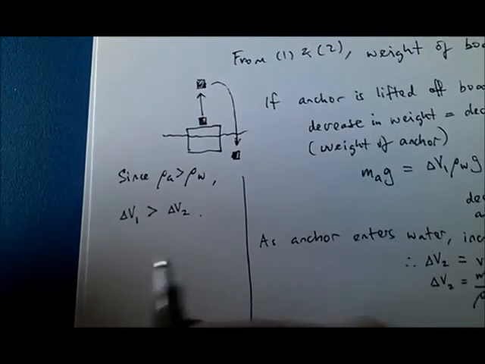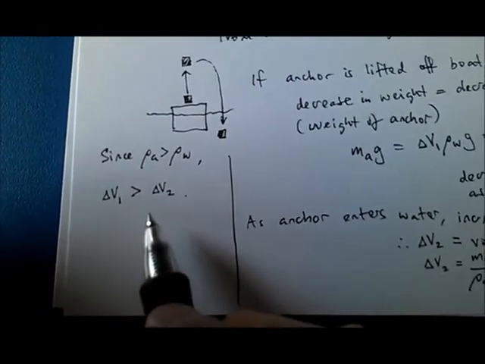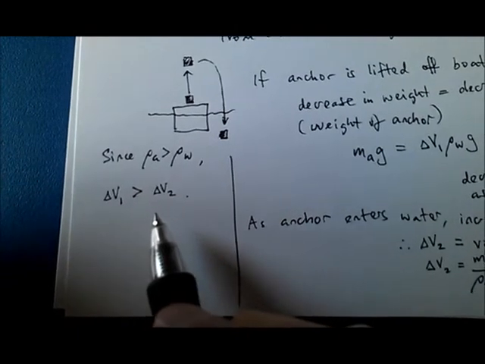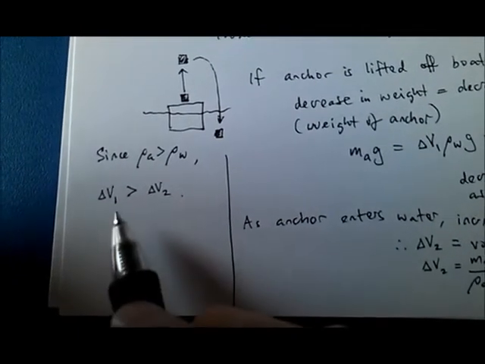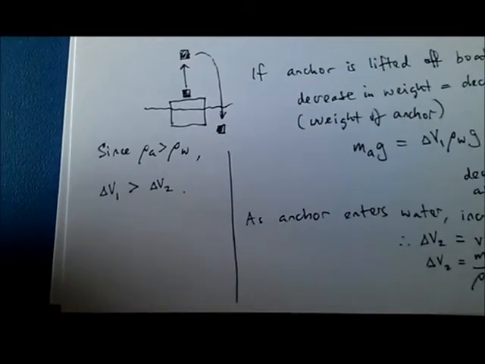So what this means is that there will be a drop in the level of the water in the pond, because now there's an overall decrease in the volume of water displaced.